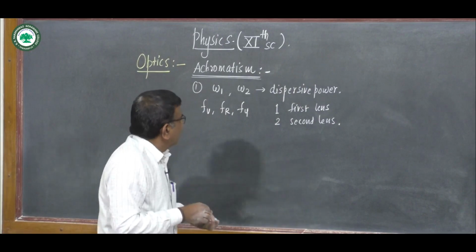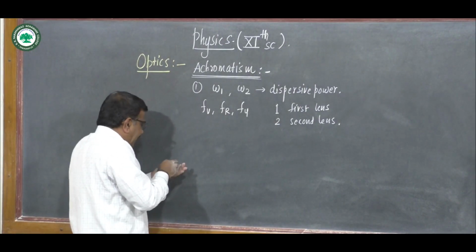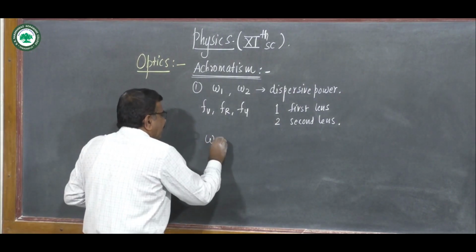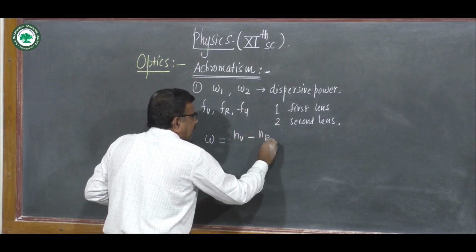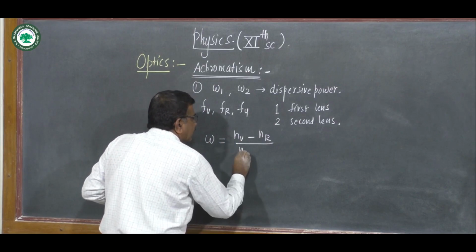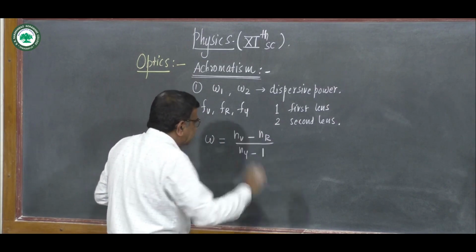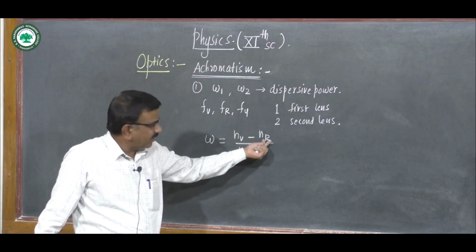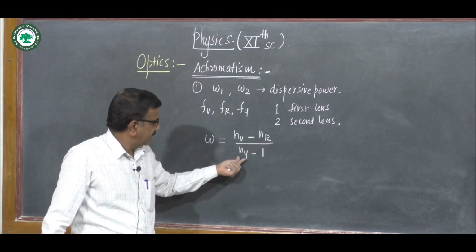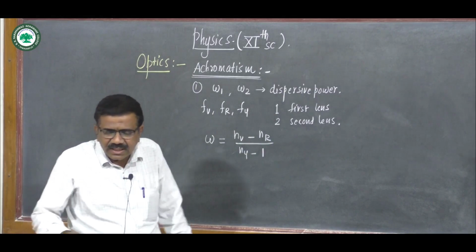Now we know the dispersive power omega is (Nv minus Nr) upon (Ny minus 1), where Nv, Nr, Ny are the refractive indices for violet, red and yellow colors.